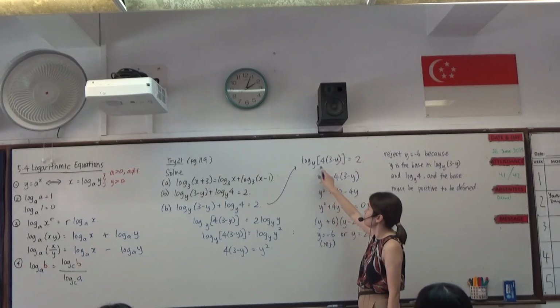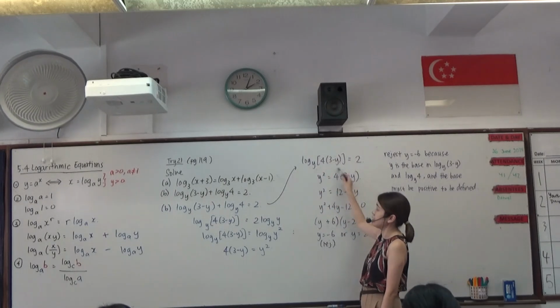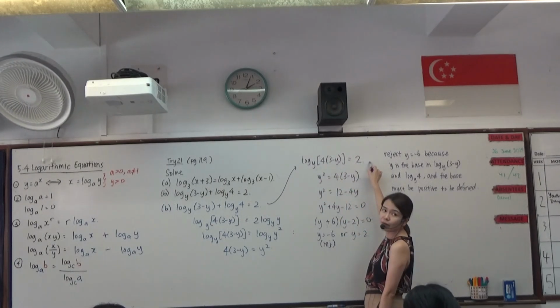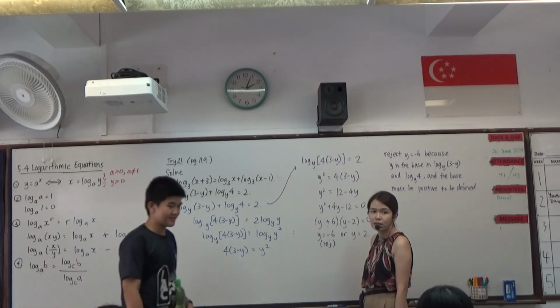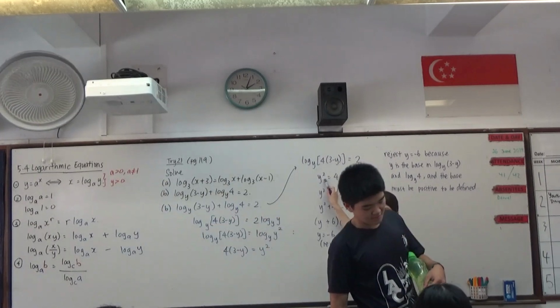Because changing from logarithm form into index form, base power. Y squared is 1. Then where did the 2 go? Then 2 is here, squared.